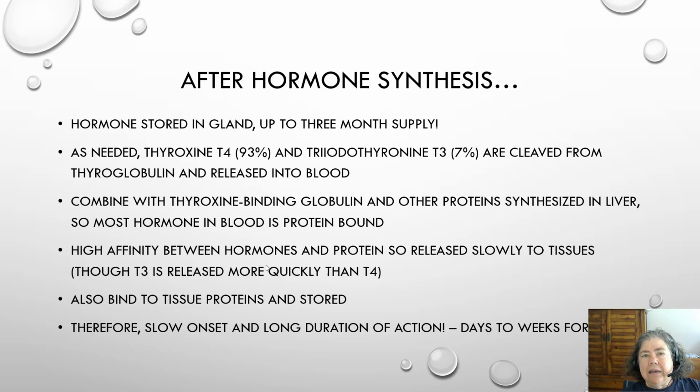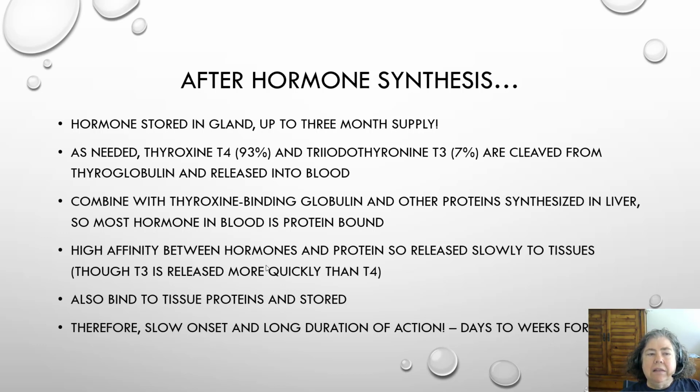As the need arises, T4 and T3 are endocytosed by the cell, cleaved from the thyroglobulin by the lysosomal enzymes, and released into the bloodstream.